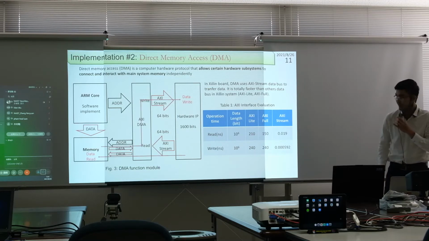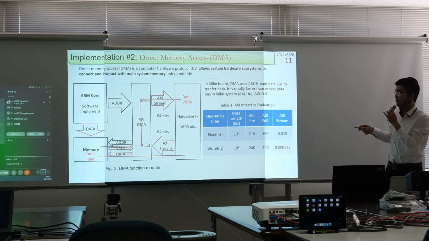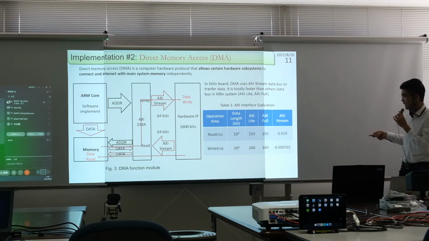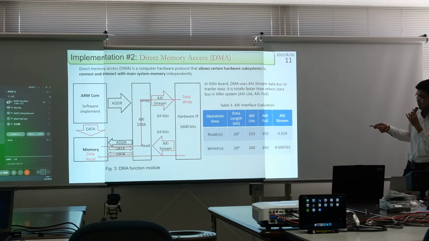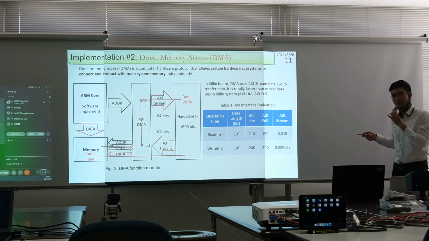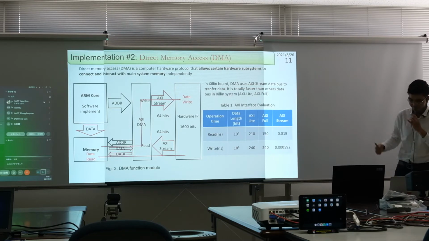But in direct memory access, the IP goes directly into the memory and takes it without any permission from the CPU. That's why you can see here they use an AXI stream. So it is faster than the older normal FIFO.